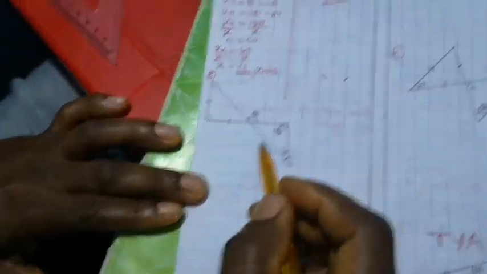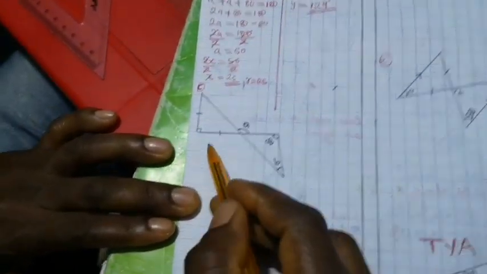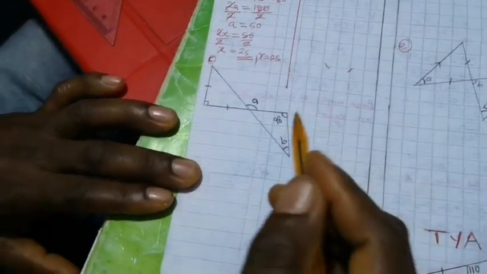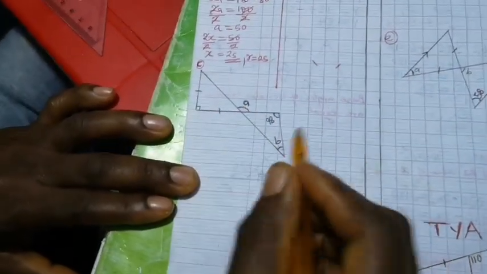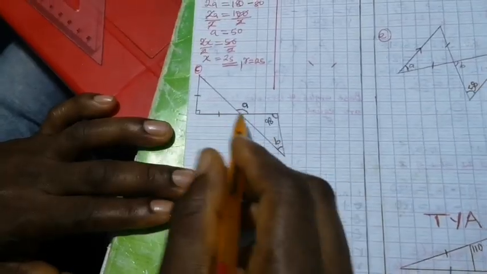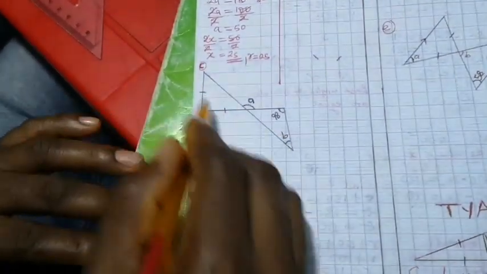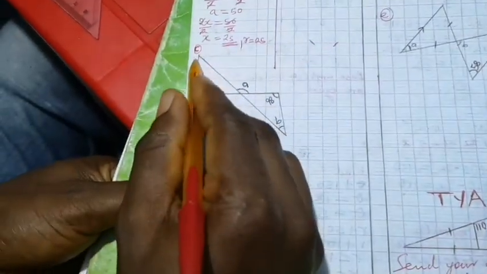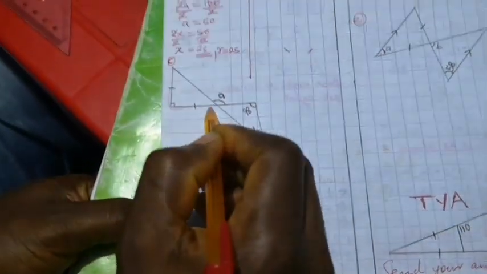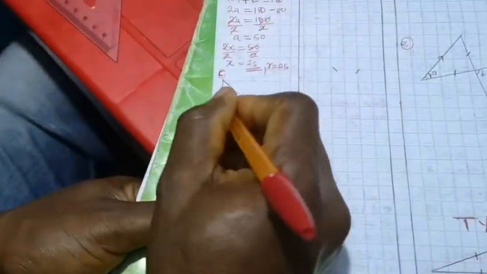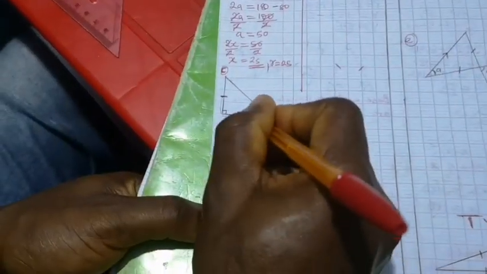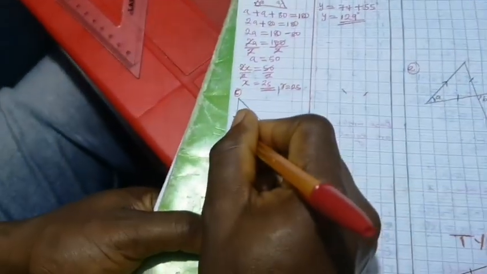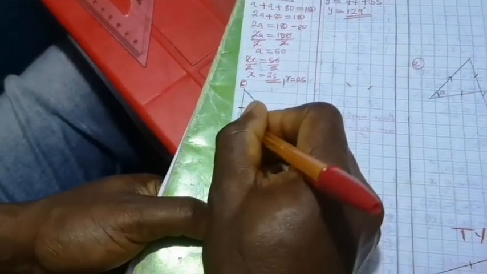Okay, now we have the third one here, and in this place we are looking for the value of A and B. Now remember that in this part of this diagram, we have an isosceles triangle here. Look at it here very well, because this side and this side, they are equal, and this is angle 90 degrees.